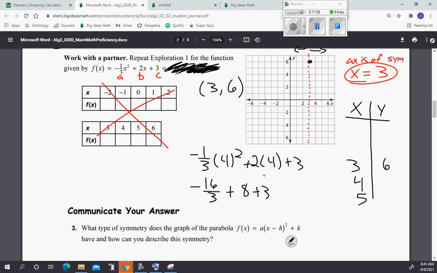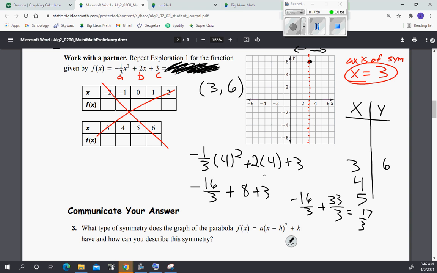So negative 16 over 3 plus 11, which is 33 over 3. That's 11. Negative 16 plus 33 is 17. So it is 17 over 3.